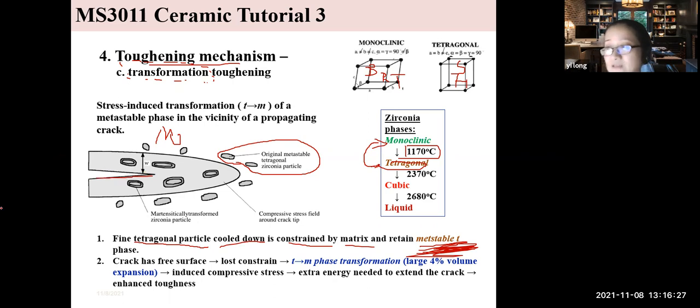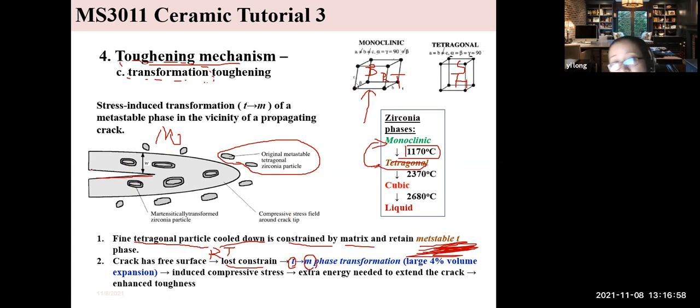Crack liberator means you peel off the constraint, because the matrix gets peeled off. So now your particle is under loose constraint. Because it's room temperature, you're happy to go back to monoclinic phase. So you change from the metastable tetragonal phase to monoclinic. This is a phase transformation.